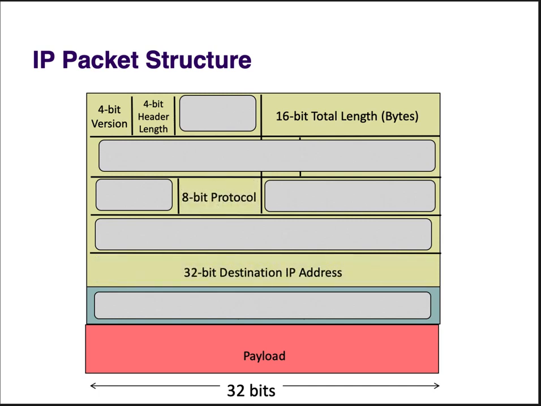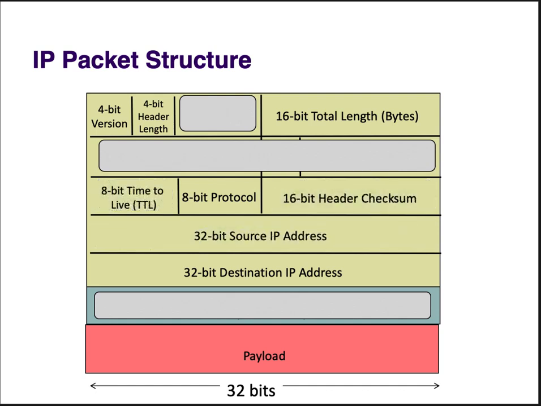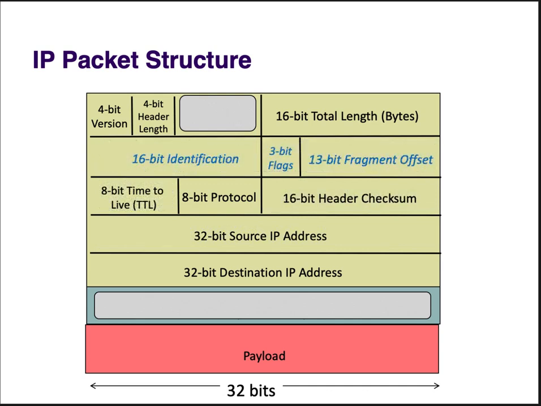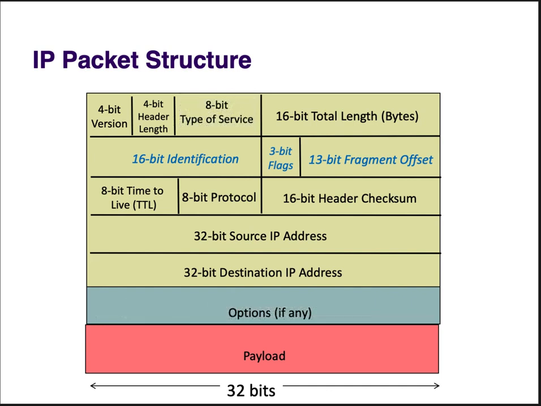We have the destination IP address, we have the protocol field, which tells us whether it's TCP or UDP or something else. We have the source IP address. We have the TTL and the checksum, it's 16 bits. And then we have a bunch of fragmentation bits that you'll design in section. And lastly, we have the type of service and some options.